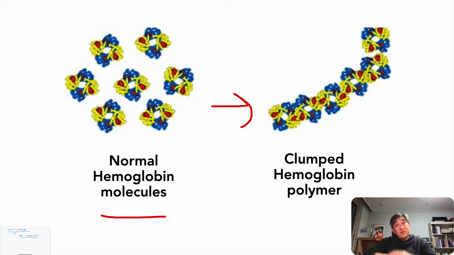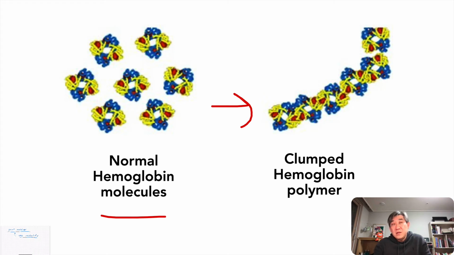Usually those hydrophobic amino acids, I'm not sure whether I really should go into this, but just in case you are curious, this type of protein clumping due to mutation is actually everywhere.